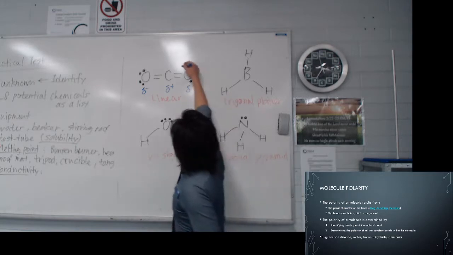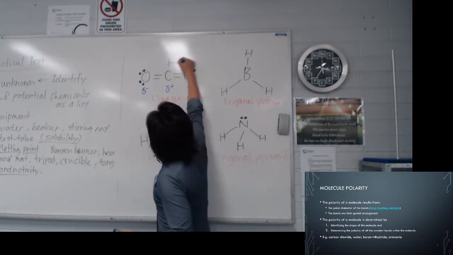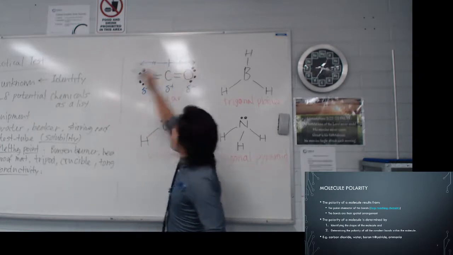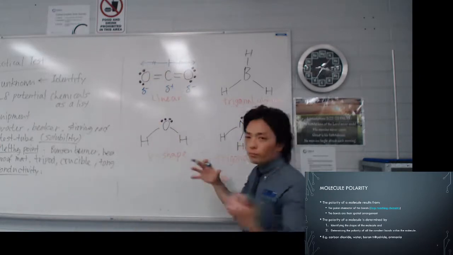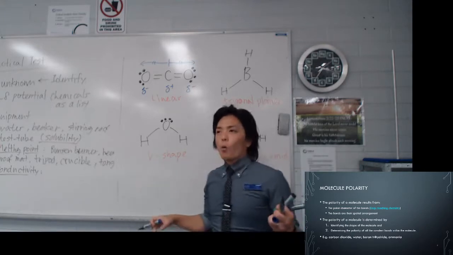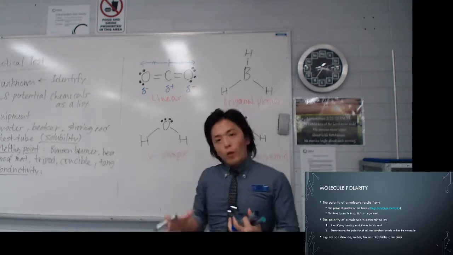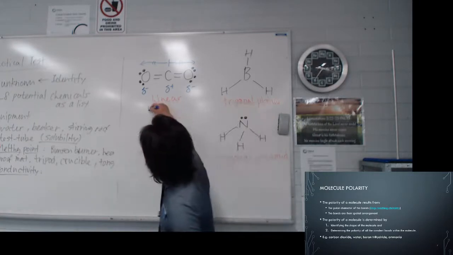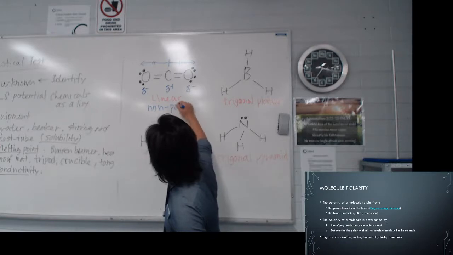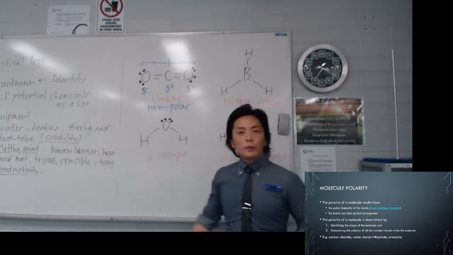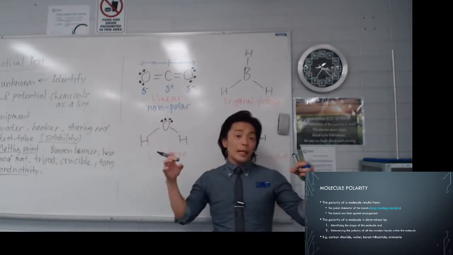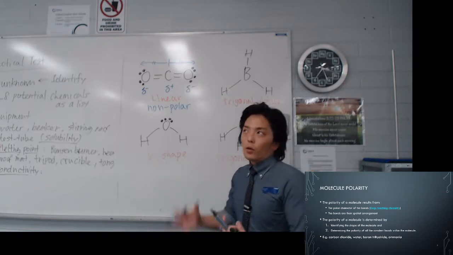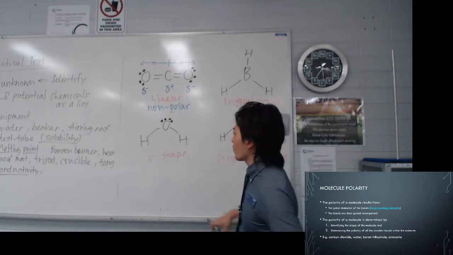But in this case, the carbon is pulled in opposite directions with the same force, which means that nowhere overall is negative or positive. Therefore, it is considered non-polar. If it was H and Cl, it's going to be linear, but it's going to be polar because there's an overall charge difference.